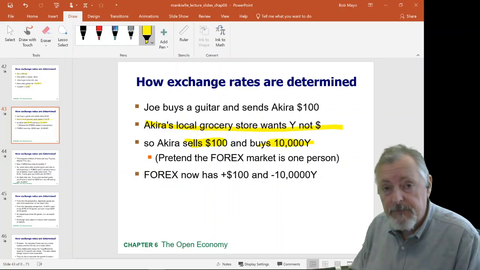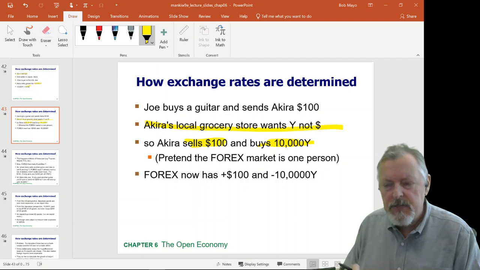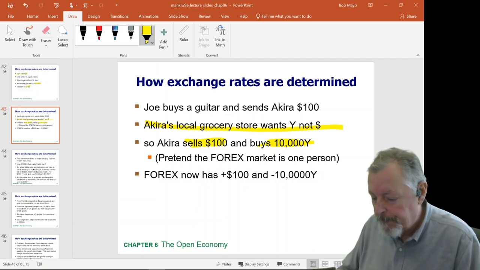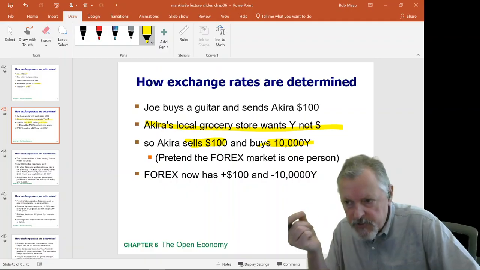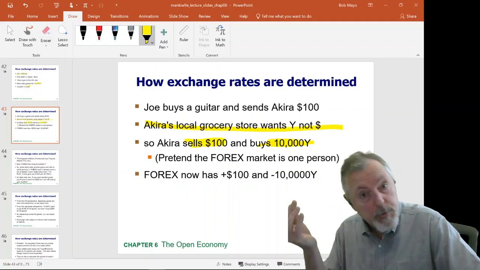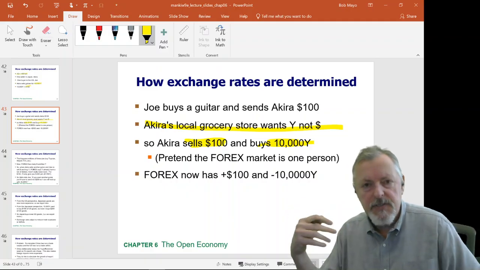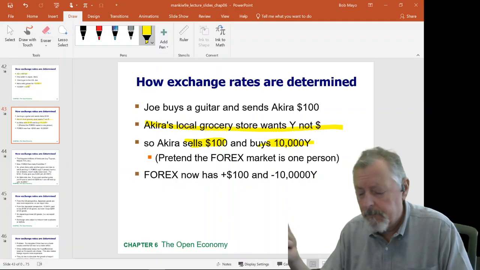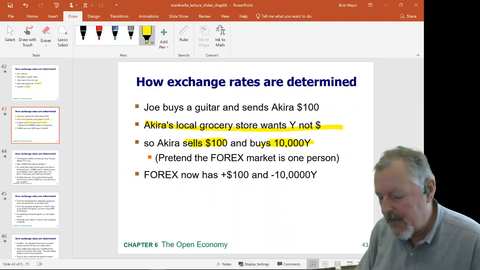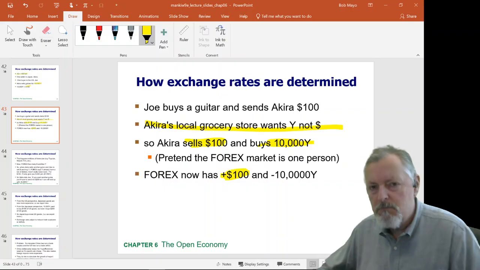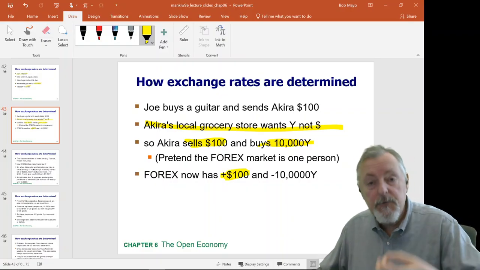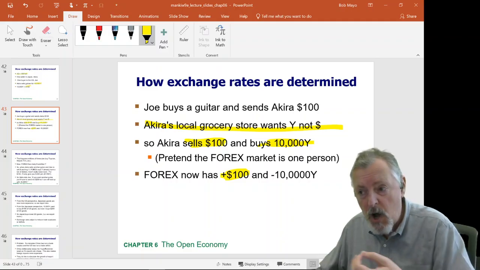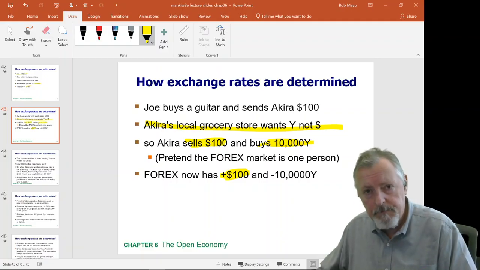Okay, we're going to pretend the Forex market is just one person, one entity, which makes it simple. The foreign exchange market, this person, had some quantity of dollars and some quantity of yen. Now that person has 100 more US dollars, because the foreign exchange market just bought 100 US dollars from Akira.